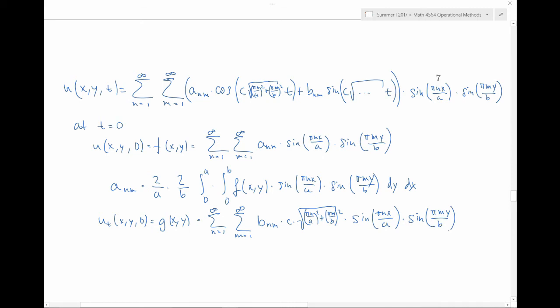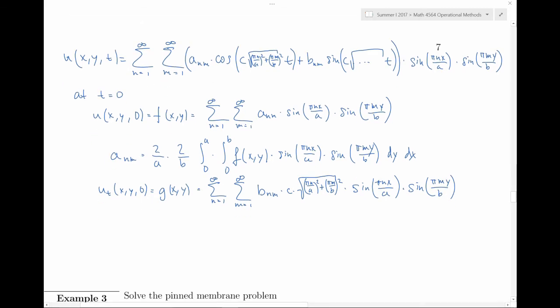You can quickly see that the coefficients b n m are going to be computed just like the coefficients a n m, with a little twist.